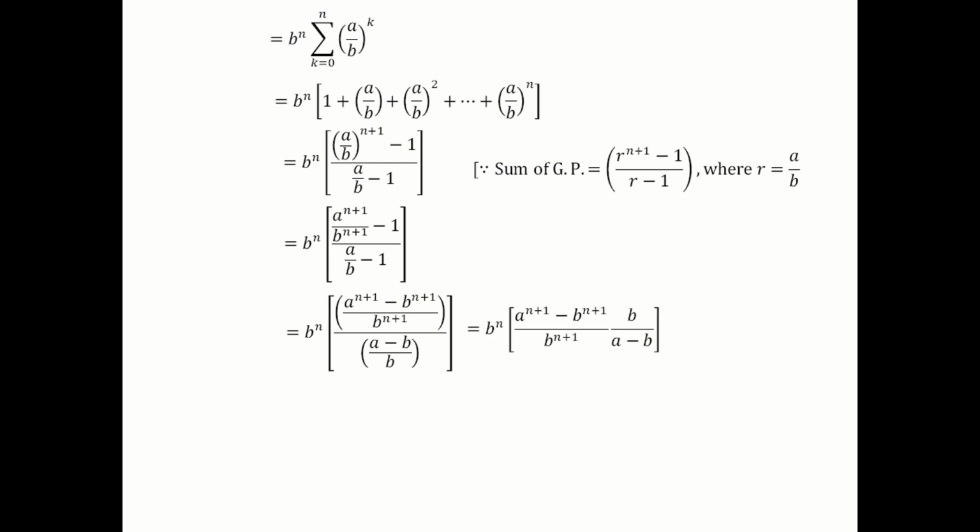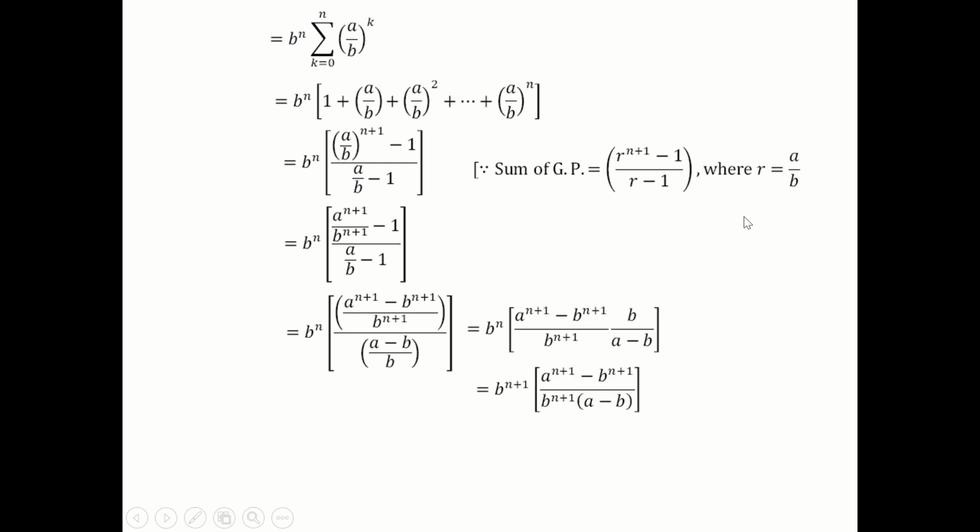So b power n into a power n plus 1 minus b power n plus 1 by b power n plus 1. The denominator term can be written as a reciprocal, because we know 1 by a by b is equal to 1 into b by a. Similarly, the denominator term can be written as b by a minus b.